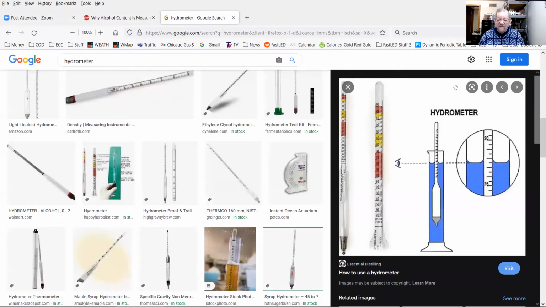A hydrometer is really some lead shot in air and a gauge, and it works by density. The more alcohol, the different the density of the solution will be, which will make the hydrometer move up and down. I saw one company use a hydrometer until I found a more accurate way of measuring what they were measuring. And guess what? You know about density, and this helps you determine proof.